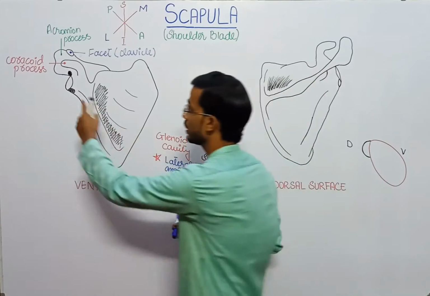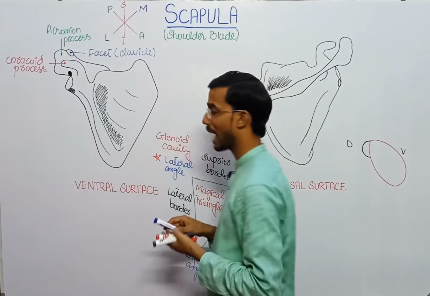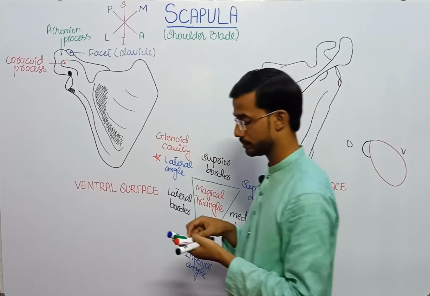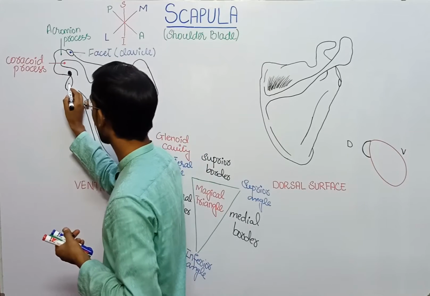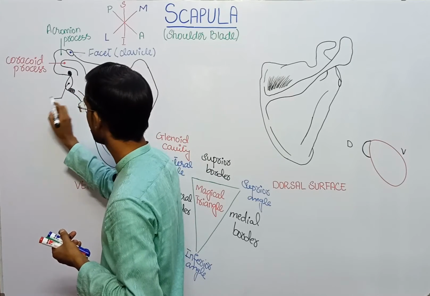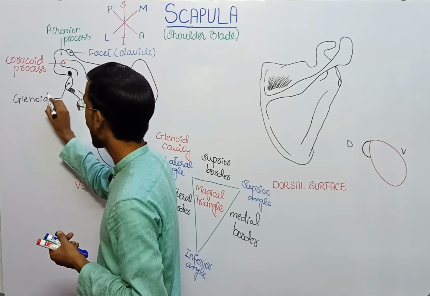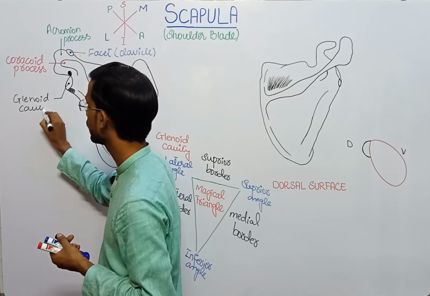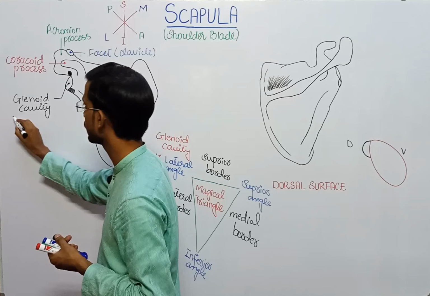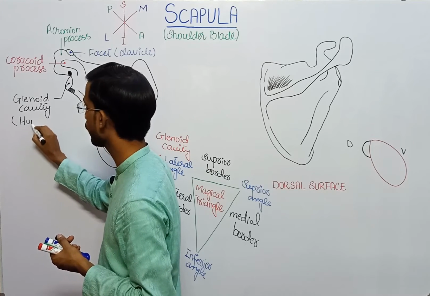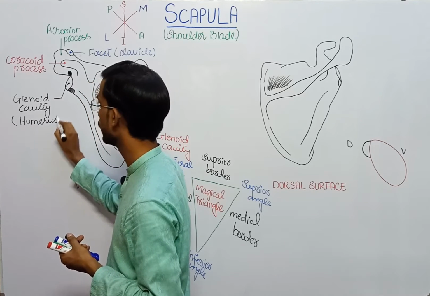And here you can see there is a cavity which is called the glenoid cavity, at which the humerus will attach. This is the site for the humerus.